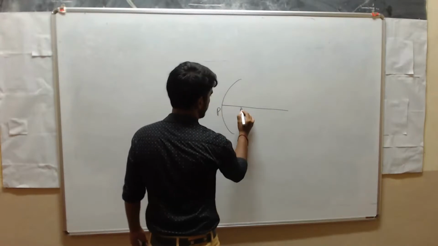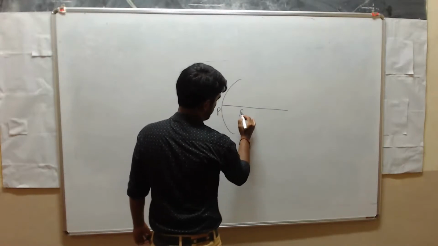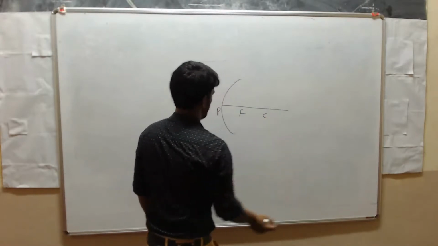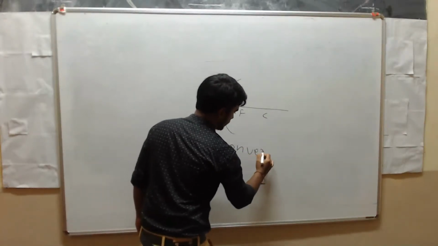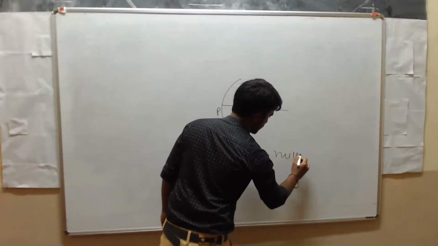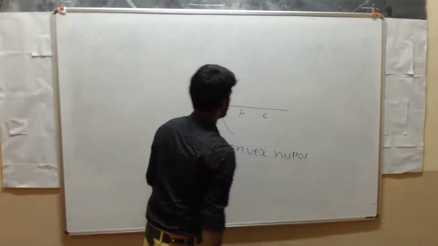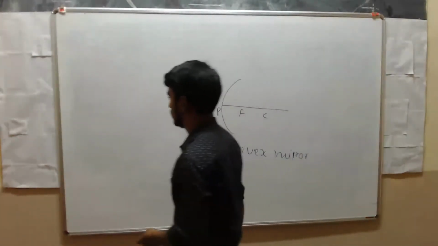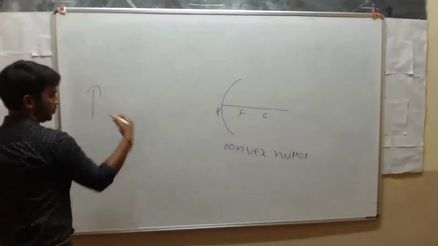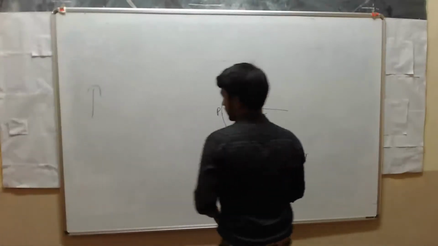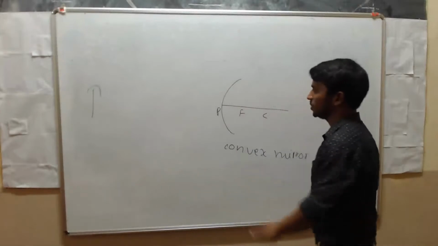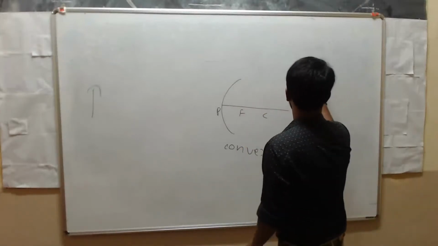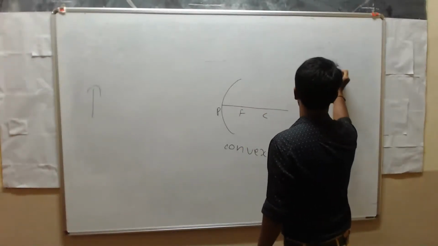This is the pole of the mirror and this is the principal focus. So now this is the convex mirror. In a convex mirror, the reflecting surface is curved outwards. So now always in concave or convex, we keep the object on the left side of the mirror. So here also we should take u values in negative.